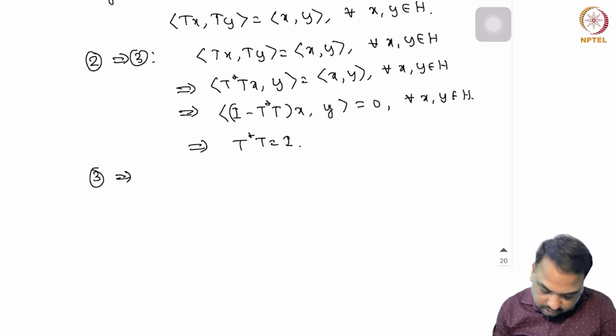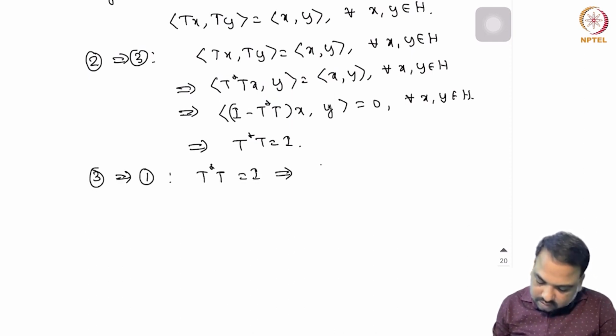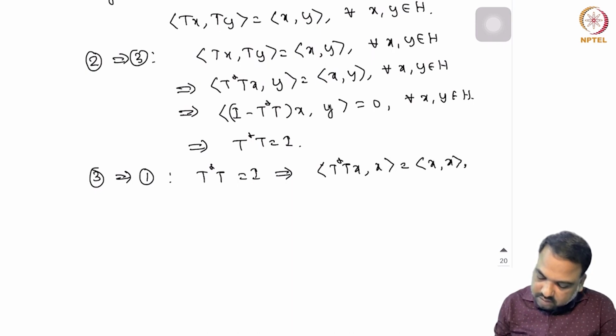Now 3 implies 1. T star T is identity implies inner product T star T x with x is inner product x with x for every x in H. This implies that norm Tx squared equals norm x squared.